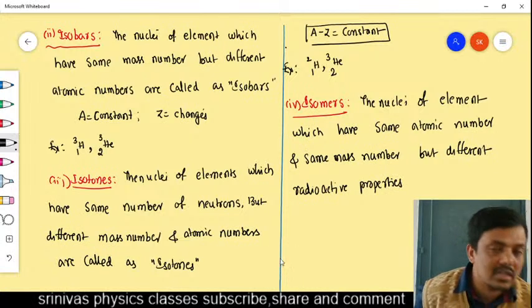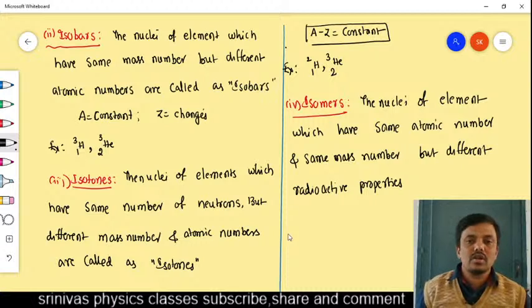Such elements are called isomers. What are the examples for the isomers?